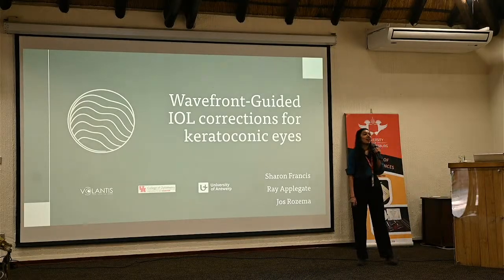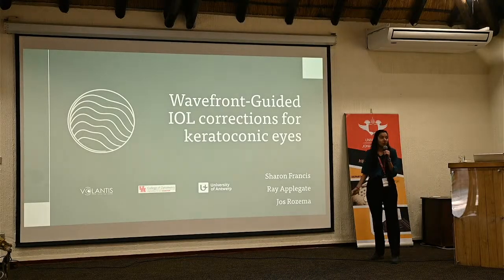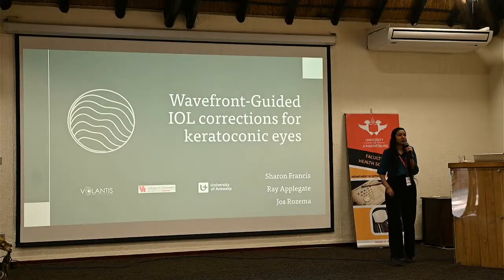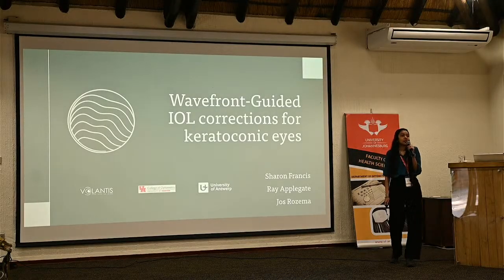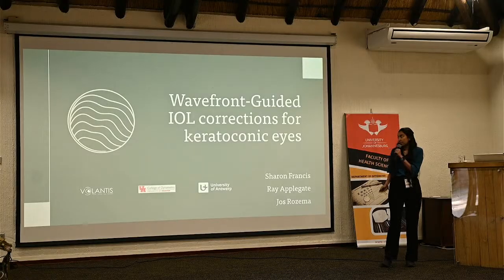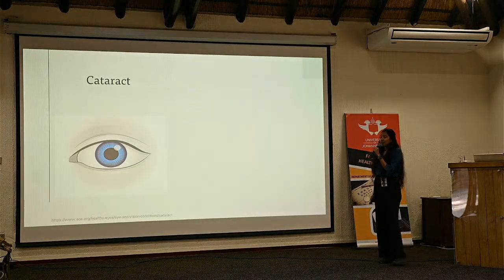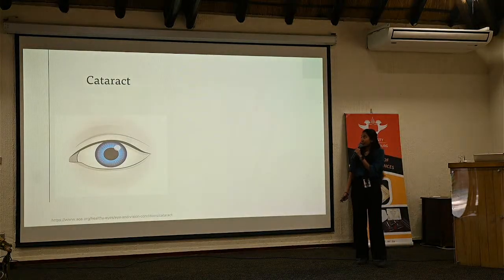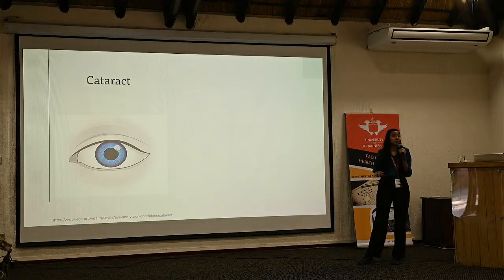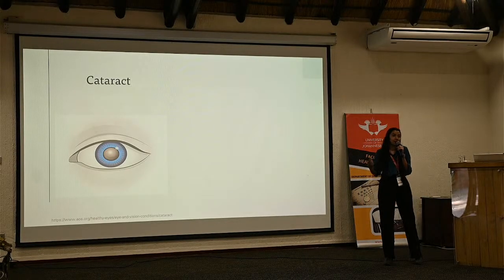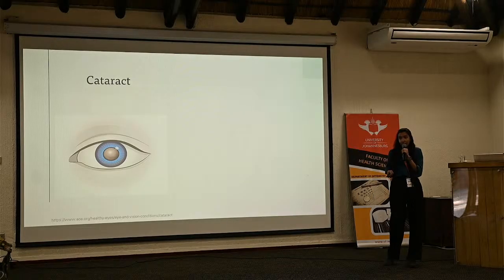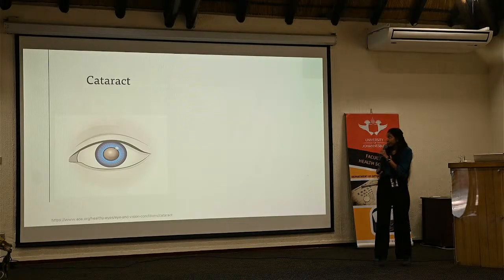Hi, everyone. Before getting into the topic of my presentation, I would like to take a small look into the background. The study is mainly focused on two eye diseases. The first one is a more common disease, cataract, where the crystalline lens of the eye becomes cloudy, mostly due to aging. The crystalline lens needs to be replaced by an artificial lens called an intraocular lens.